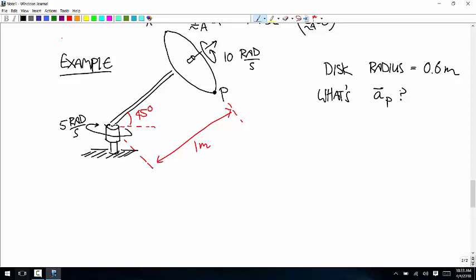Okay, so there are 2 rotations. There's this one and the disk. The axis of rotation of the disk depends on where this is in its rotation. So that means that this is the horse and that's the cowboy.